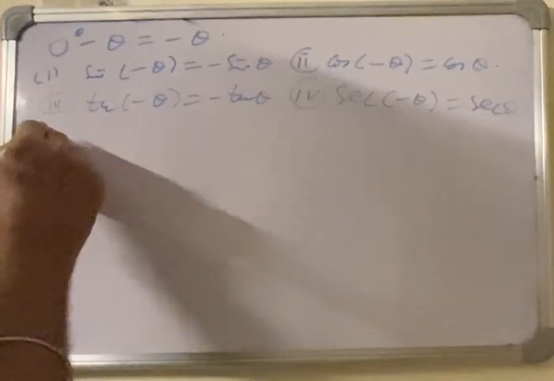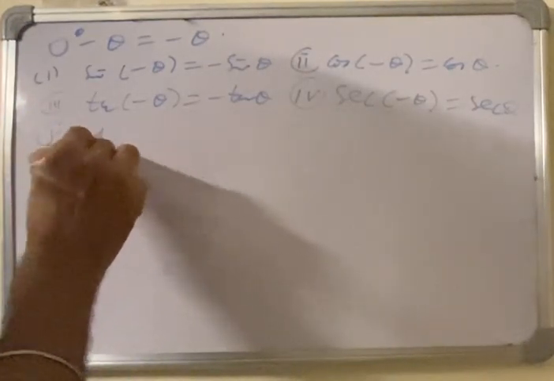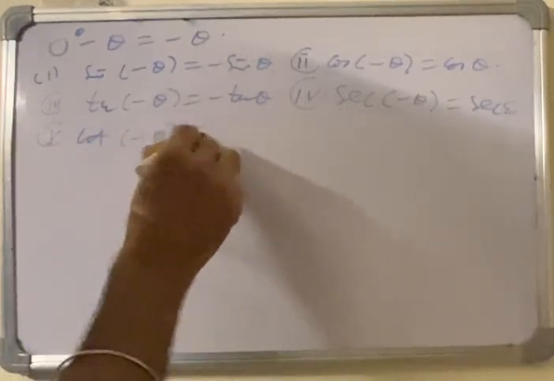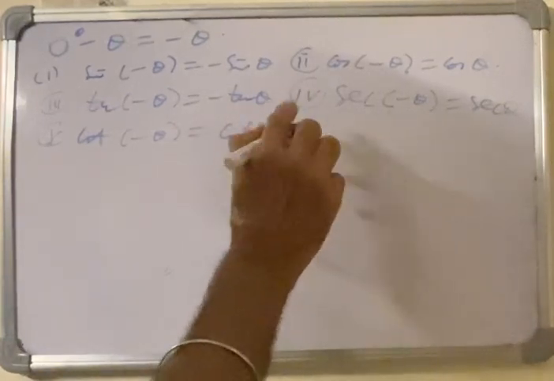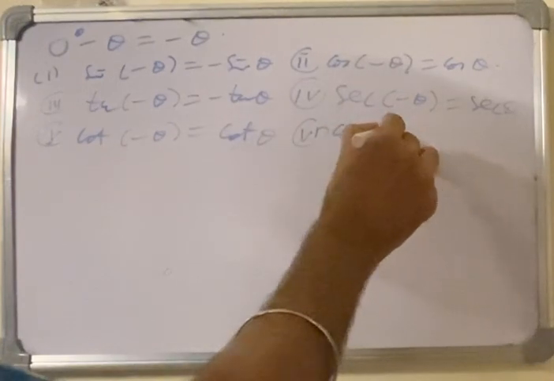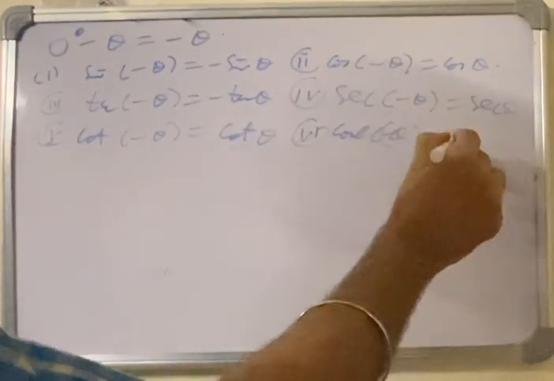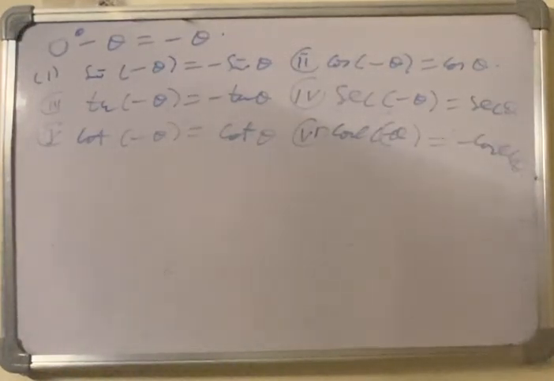Then fifth, cot minus theta is minus cot theta, and sixth is cosecant minus theta is minus cosecant theta. Therefore, in case of 0 minus theta, that is minus theta, all trigonometric ratios remain same.